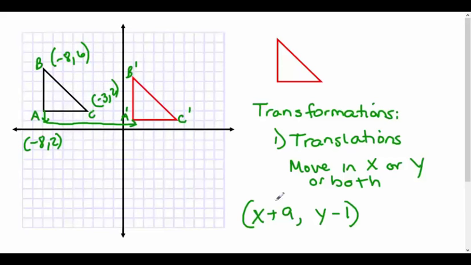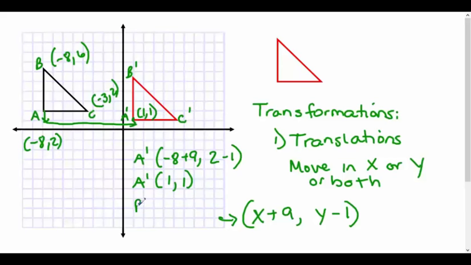If you wanted to know what A prime would be, you use the rule we just got by looking at and measuring what that translation was. Our new location is negative 8 plus 9, and 2 minus 1. So A prime would be at 1, 1. If you look at this coordinate pair right here, that is at 1, 1. Then for B prime, you start with negative 8, 6.